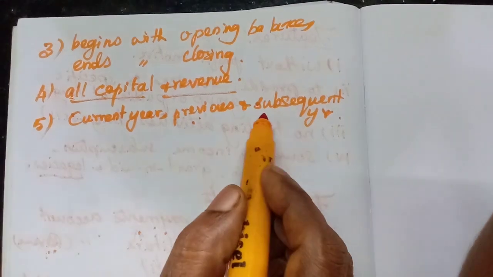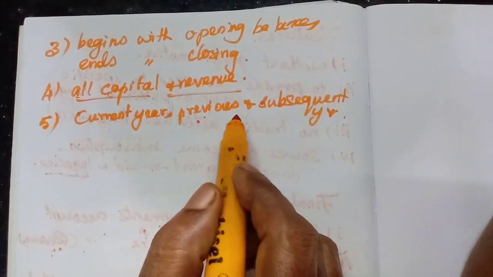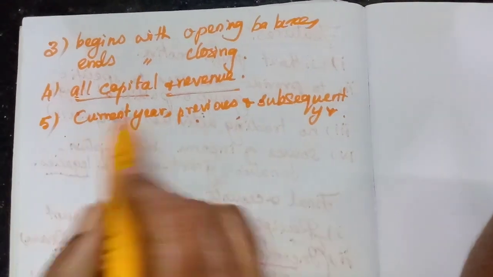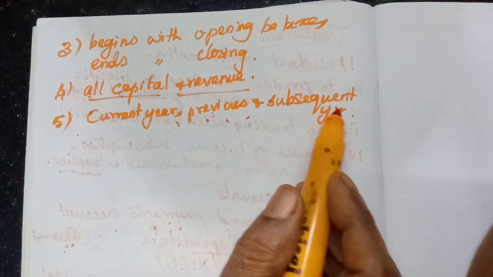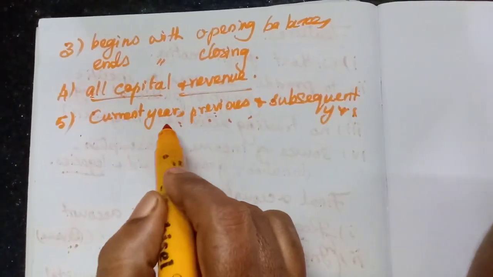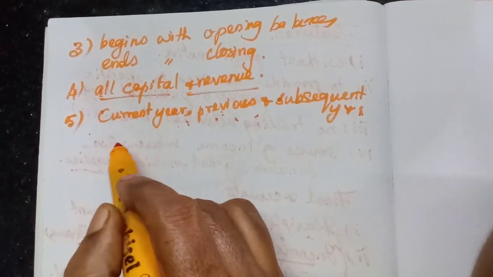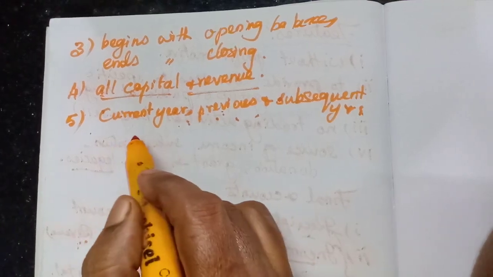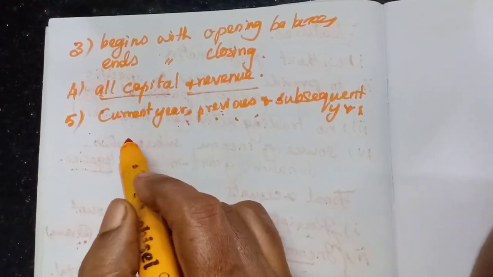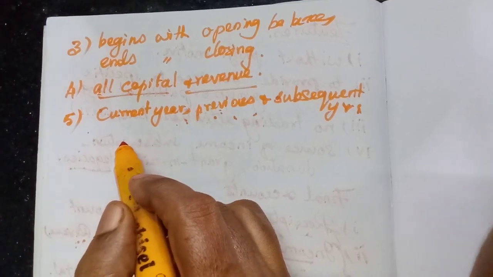If a particular payment is related to next year but we pay this year, we have to enter it. So all current year, previous year and subsequent year payments and receipts should be entered. If we pay this year, we write it in this year's receipts and payments account. There is no need to worry about the period of that particular expenditure or income.